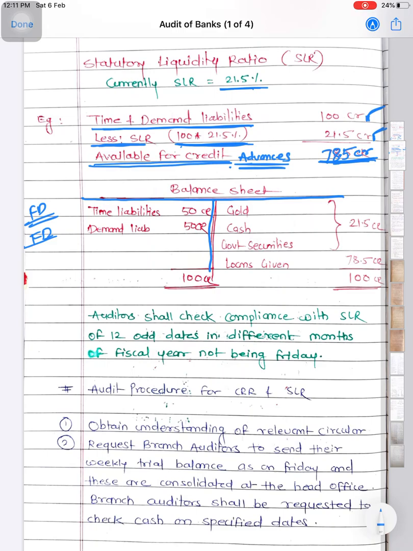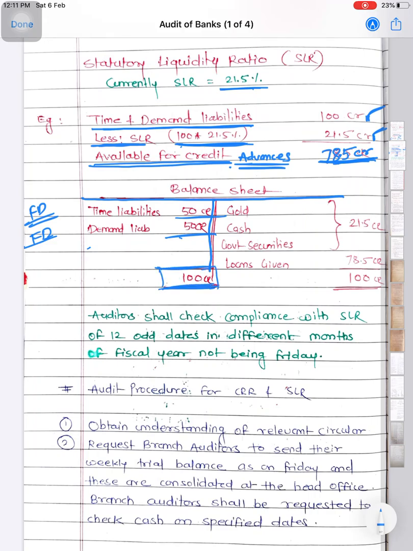Demand liabilities can also be balances in your savings and current accounts. Let's say the bank has time liabilities of 100 crore and demand liabilities of 50.